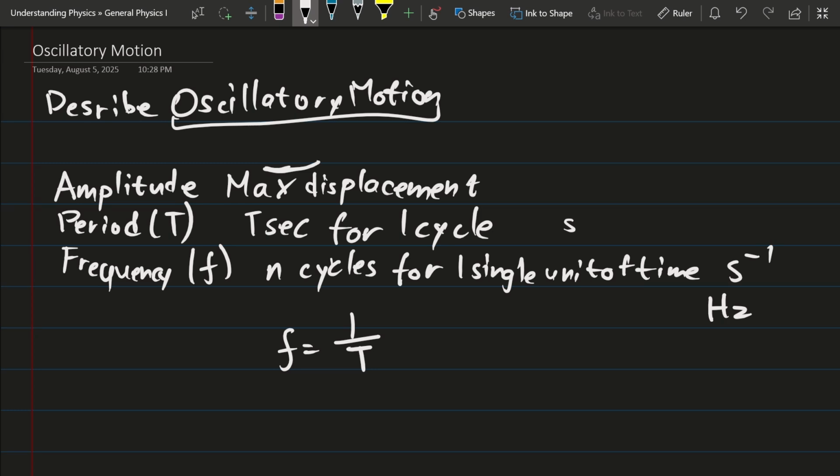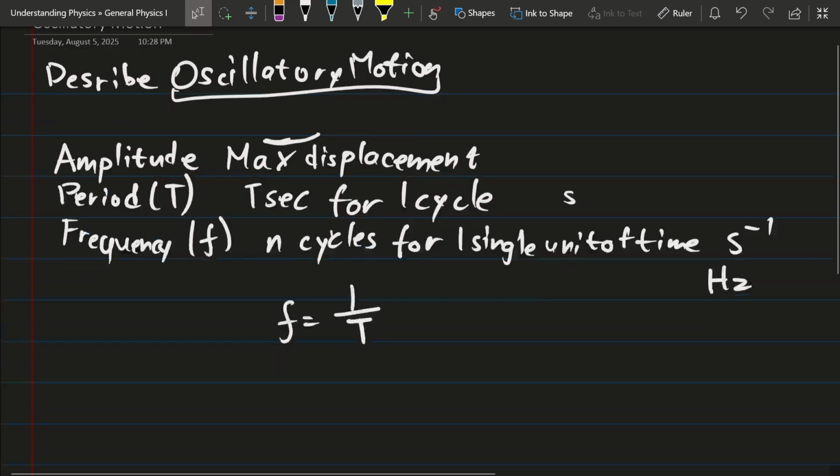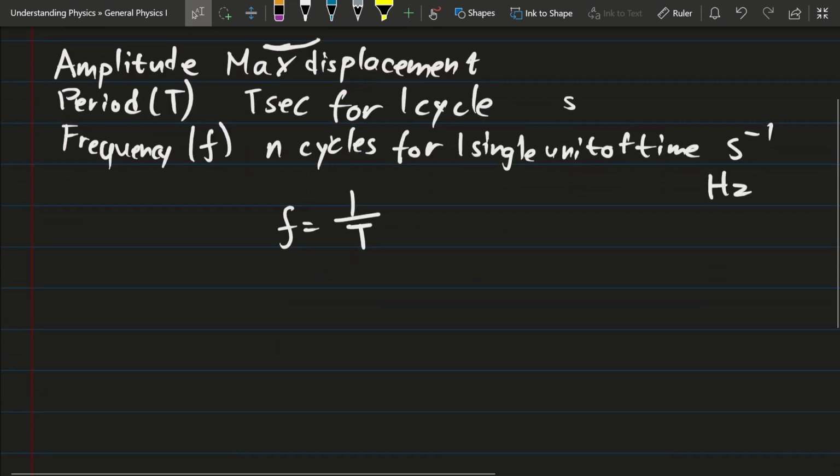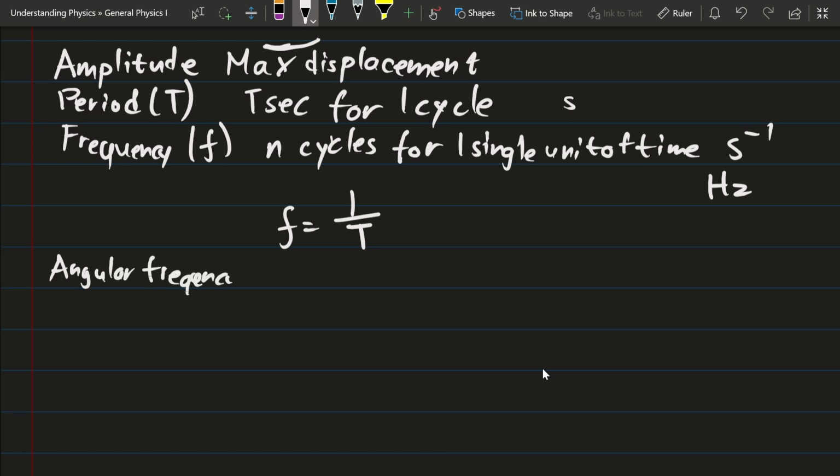So after we have discussed this, we could start to discuss something that we sometimes use, which is the angular frequency, which is different compared to the frequency itself. And this is the omega. You might realize that omega is actually the angular velocity, and in here we are using it for the angular frequency.